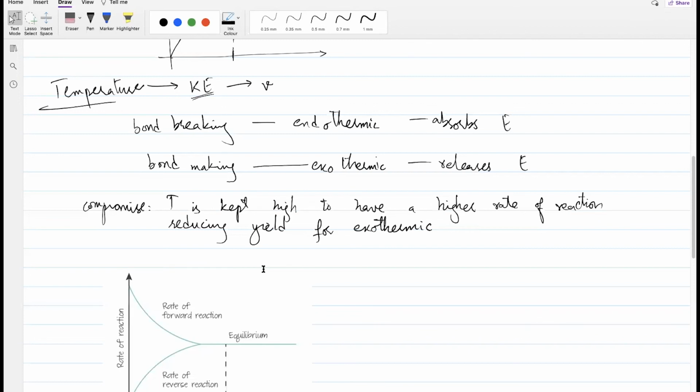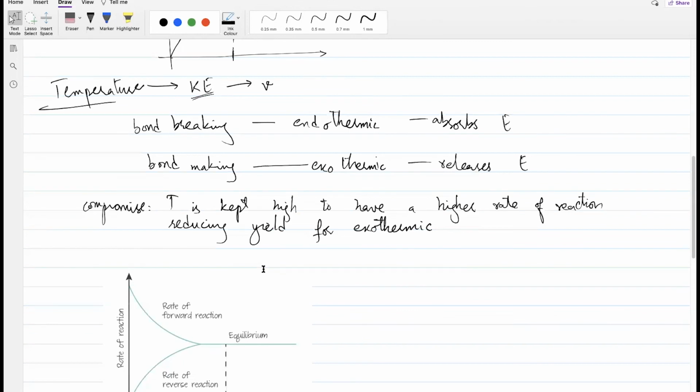The rate will be higher because there is more collision per unit time. Similarly, if you reduce the temperature, then there is less number of collision. And not just that, if you reduce the temperature, then it is possible that particles won't even have activation energy, which means the reaction हो सकता है कि रुक ही जाए या बहुत स्लो हो जाए.